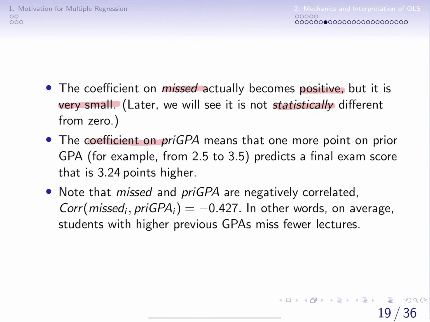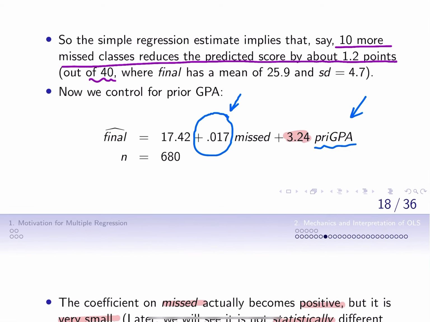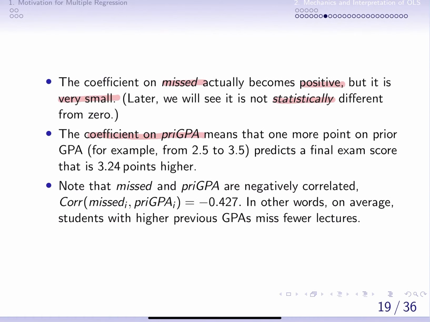And the coefficient on prior GPA, which we got to be 3.24, is basically saying that if there was a 1 point increase in prior GPA, which an example would be if your GPA went from 2.5 to 3.5 or 3.5 to 4.5, that predicts a final exam score that is 3.24 points higher on a scale of 40, right?